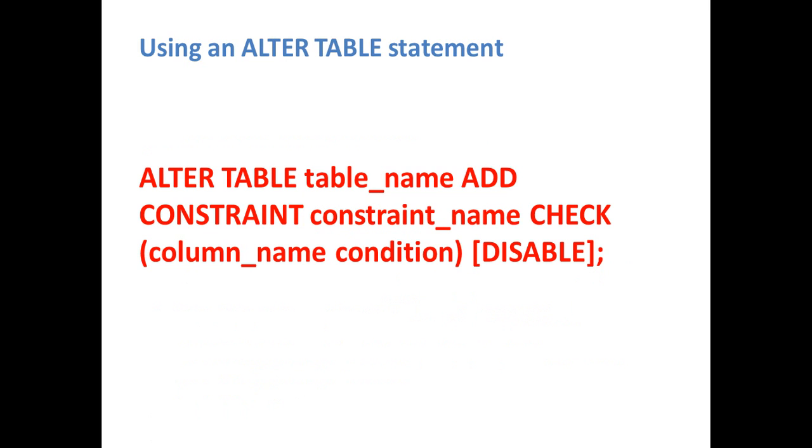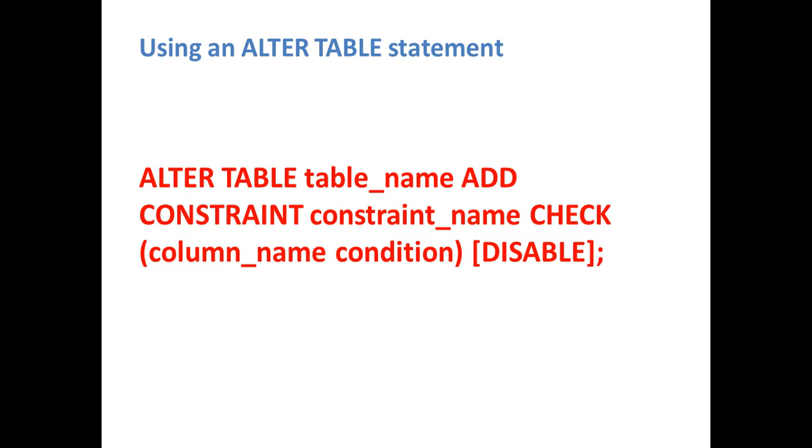Now the next one is alter table. After you create a table, suppose you thought that you should add some business logic, where you should add a check constraint which was not previously added during create table. That syntax is alter table, table name, add constraint name, then check, then the condition. And disable is optional.